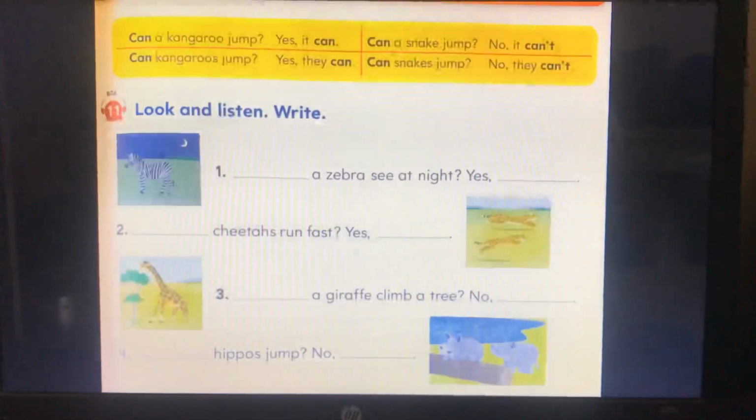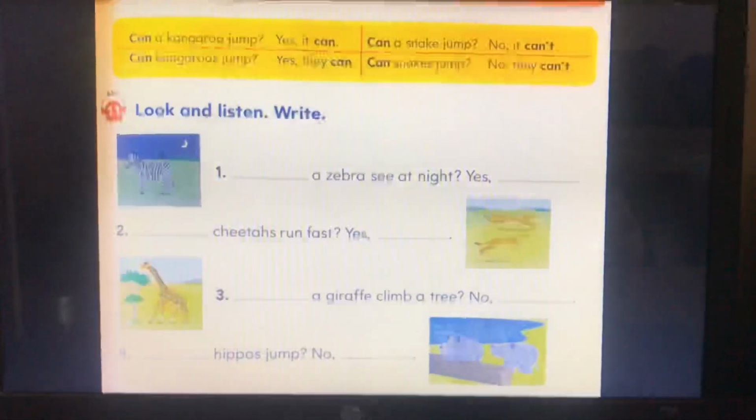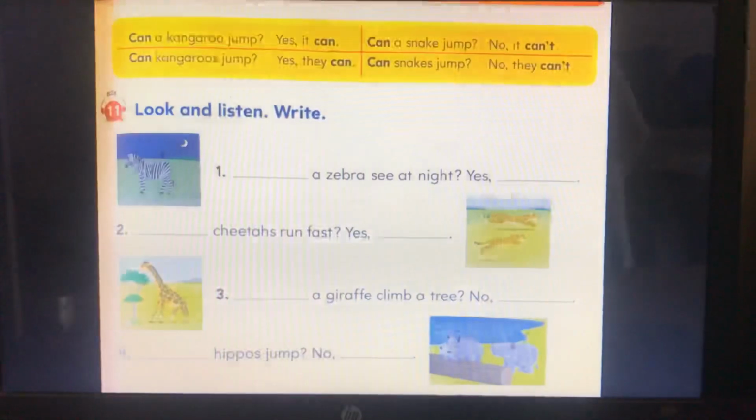Excellent. Number 4. In this one, again, we have 2 blank spaces. Now, blank hippos jump? No, blank. Now go ahead and tell me the right answer.